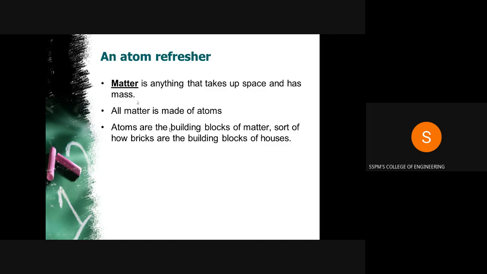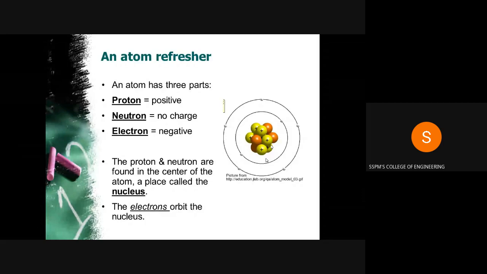Then what is the composition of an atom? An atom is made up of three parts: proton, neutron and electron. You know that a proton has a positive charge, a neutron is neutral, and an electron has a negative charge. The proton and neutron are found at the center of the atom, a place called the nucleus, and the electrons orbit around the nucleus.